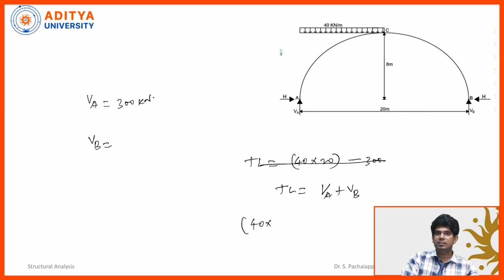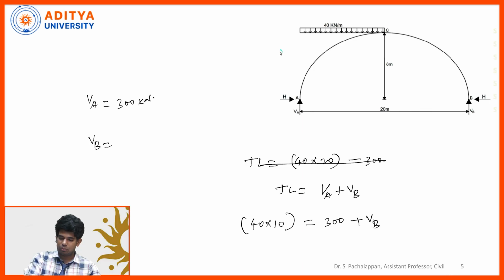The total load is 40 multiplied by 10, which is 400 kilonewton. VA we calculated as 300 kilonewton, and VB we don't know.